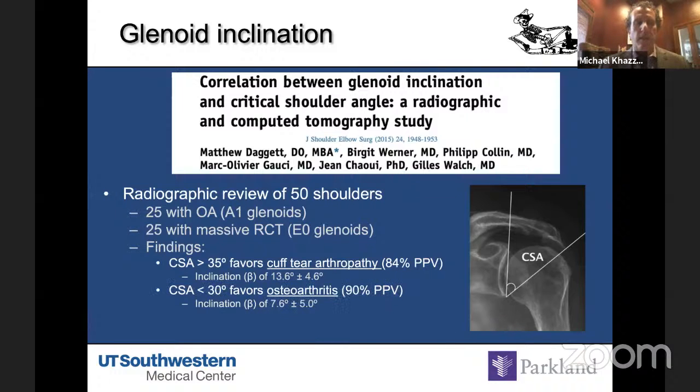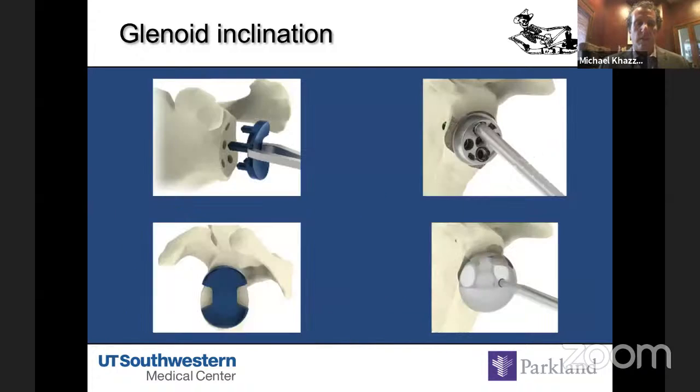So basically, critical shoulder angle greater than 35 favors cuff tear arthropathy, less than 30 primary osteoarthritis. So this is important in the setting of anatomic shoulder arthroplasty and polyethylene glenoid component position.